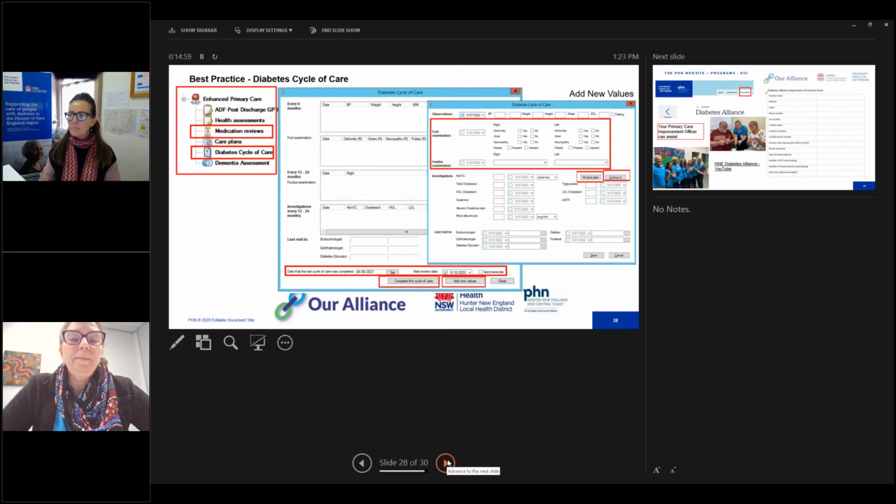You can start that cycle of care, or you could add new values of pathology and observations, but really they should auto-populate from pathology and your observations field. So those are 2 nice ways of ensuring your diabetes cycles of care are complete. And these cycles of care, these are what populate the diabetes register.